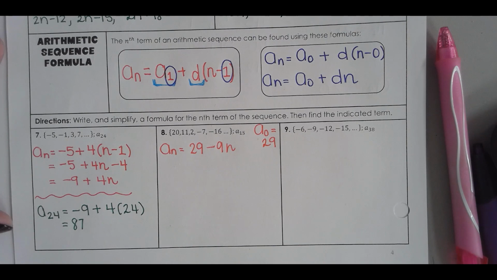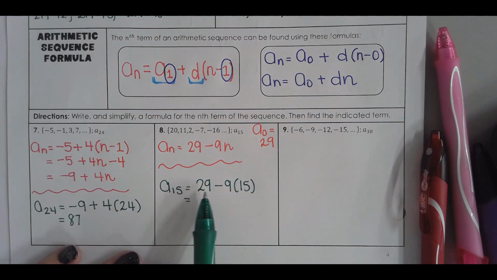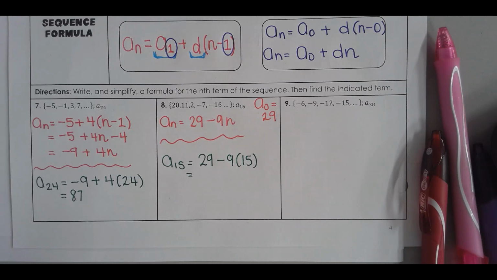On the test, the formula will be this one. But if you can remember how those kind of correlate, you might. I'm asked to find A15. So 29 minus 9 times 15. What is that?